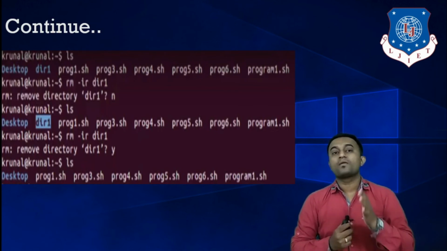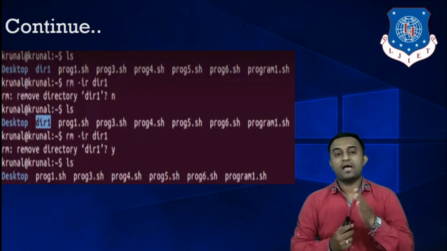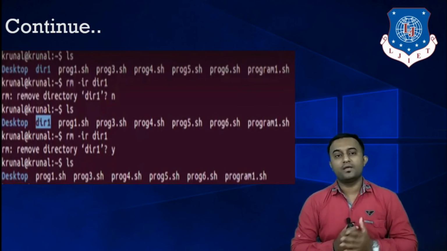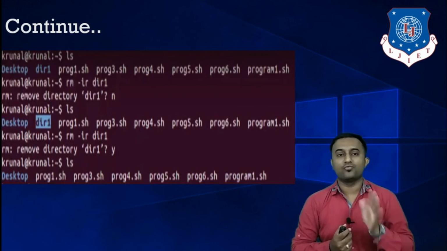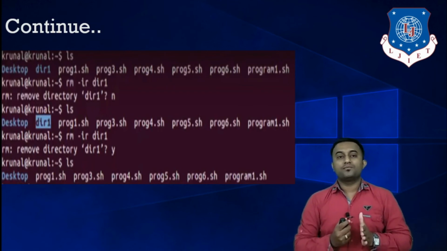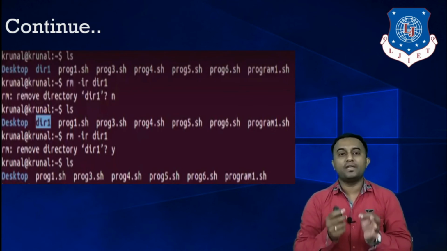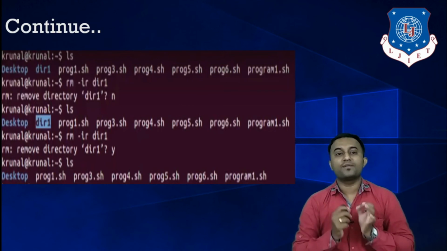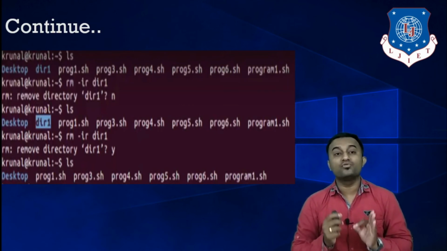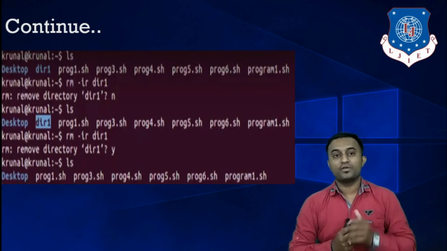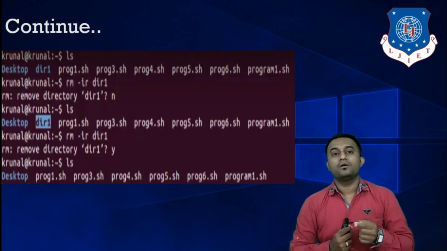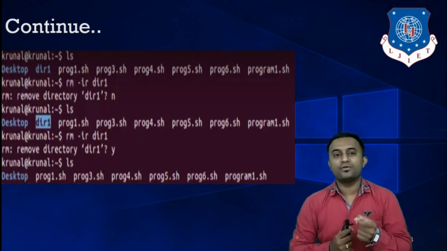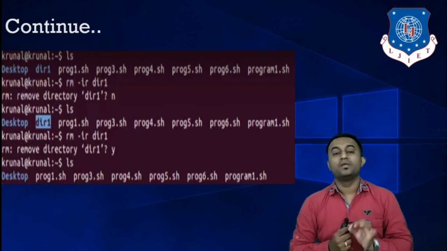With rm -r, the directory is removed recursively, even though it is not empty. But suppose before removing any directory, it first asks me for confirmation whether I really want to remove this directory or not. I need it to be interactive, so that at execution time it asks me.